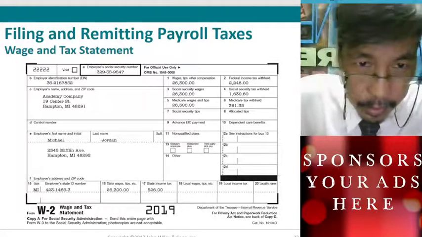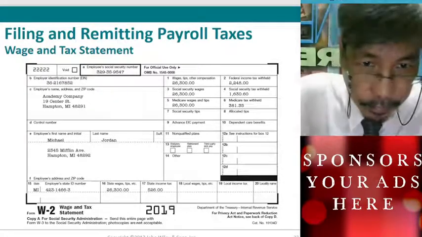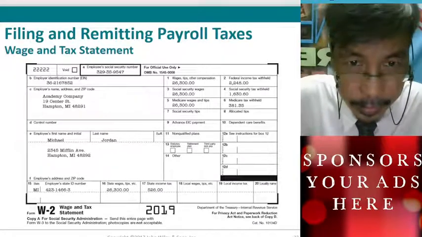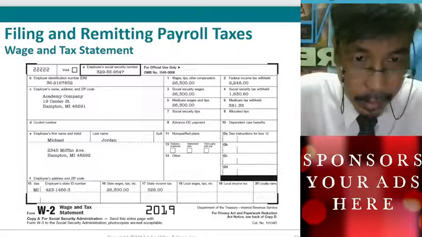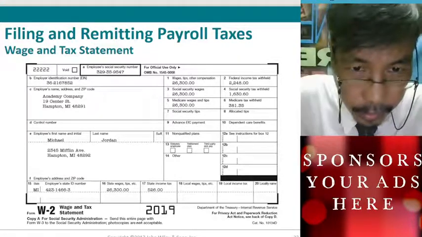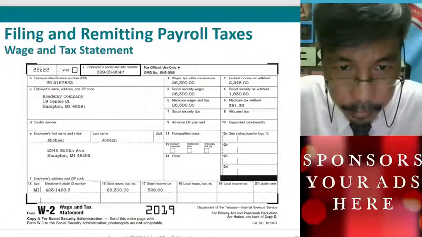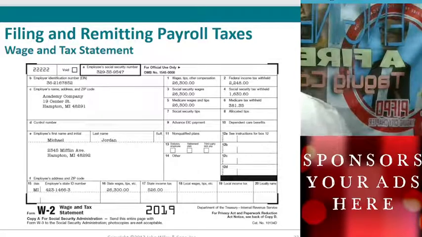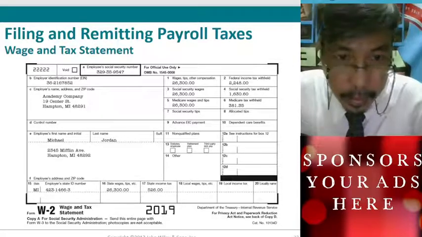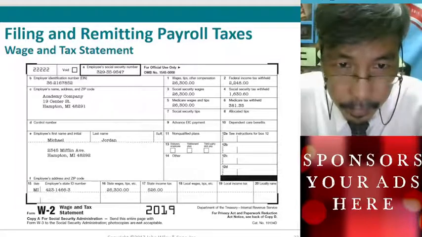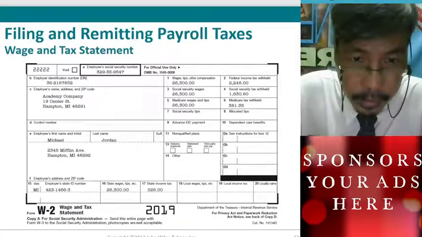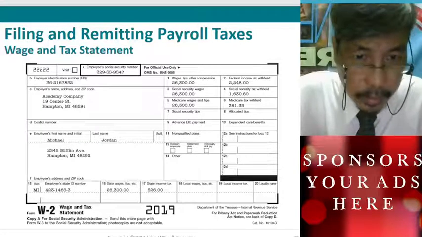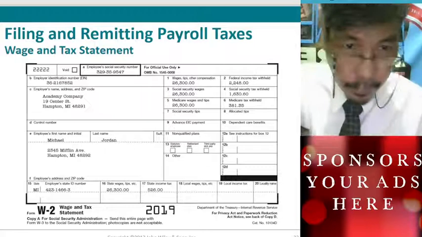Here, Michael Jordan earned 526. State income tax. State wages, tips: 26,300. This is an example.